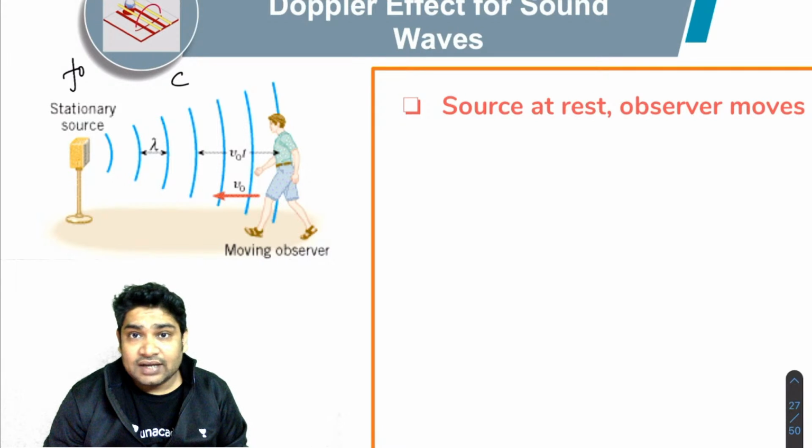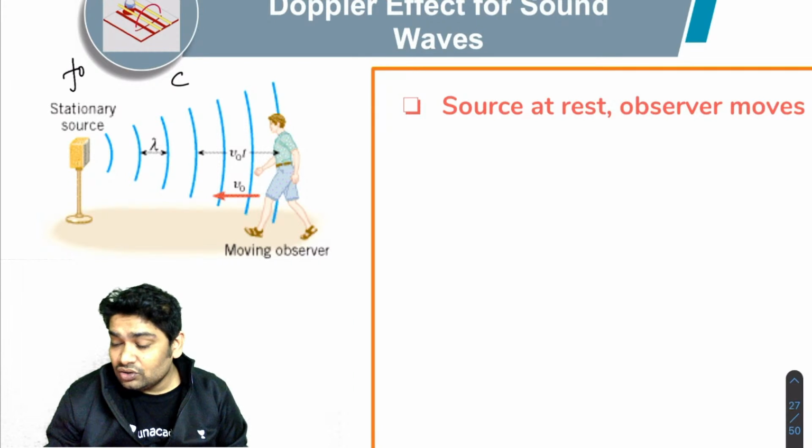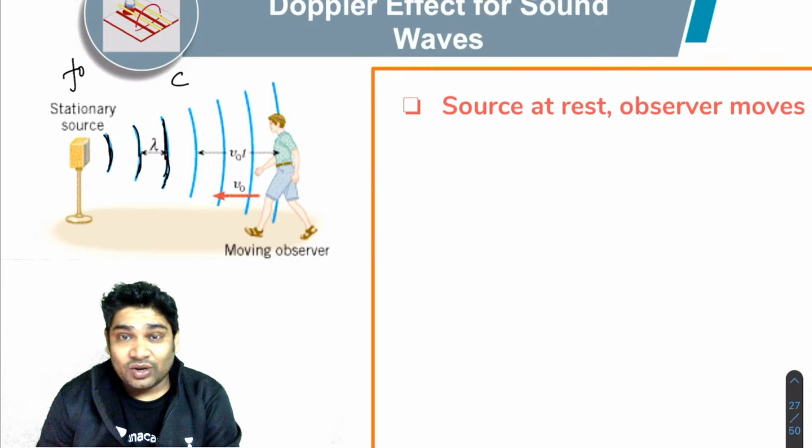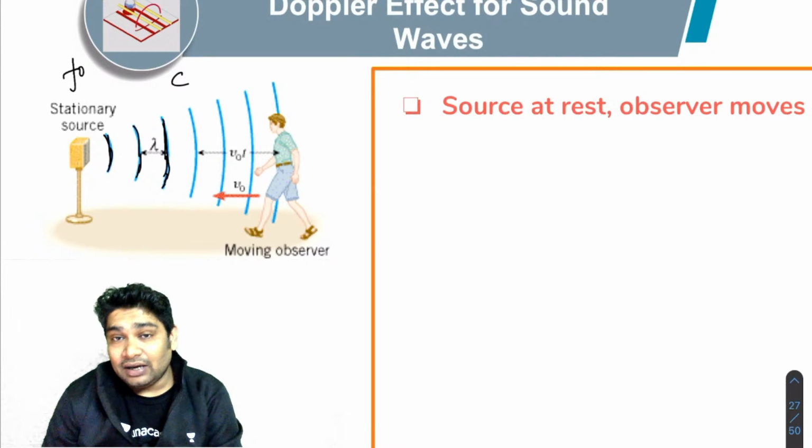Now, what you realize is that whenever one sound wave is emitted, after some time another wave is emitted. So every two waves have a distance which is lambda. Okay. So these are the wave fronts which are oscillating in the same phase. So lambda is defined as the distance between two wave fronts oscillating in the same phase. Okay, so I can calculate lambda for you.